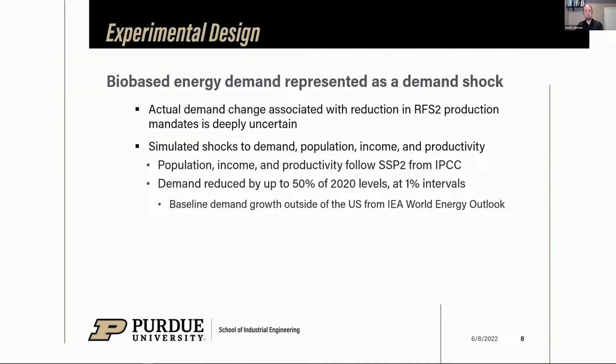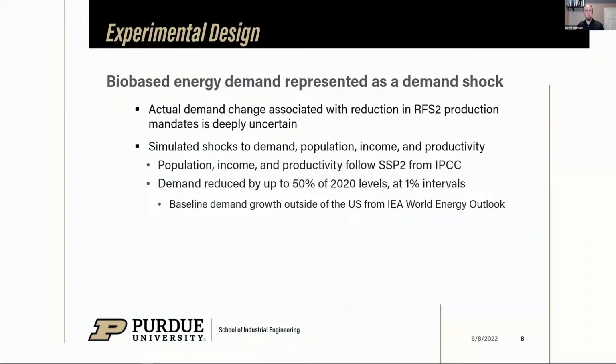So we're framing this just in terms of looking at reductions in demand. We're not explicitly linking that back to a particular change in the targets from RFS2, but just looking at how reductions in demand would influence these different environmental outcomes. So we looked at a reduction in demand by up to 50% of 2020 levels in the US at 1% intervals, following SSP2 for population, income, and productivity change.